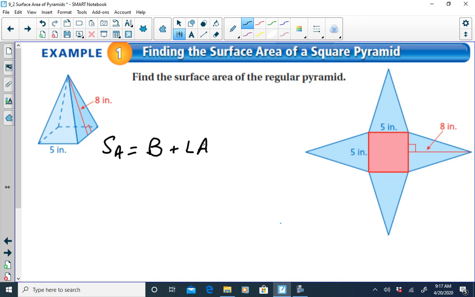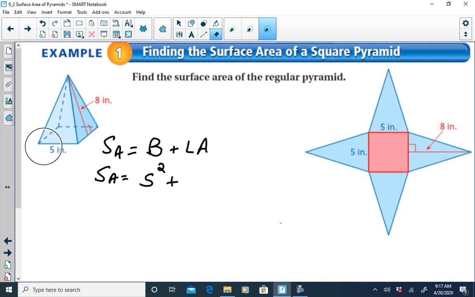The base area is represented by the capital B, so the base area is this figure here. Because we're looking at a square base, all the sides are the same, so the area of that square base is going to be equal to the length of the side squared, plus the lateral area.